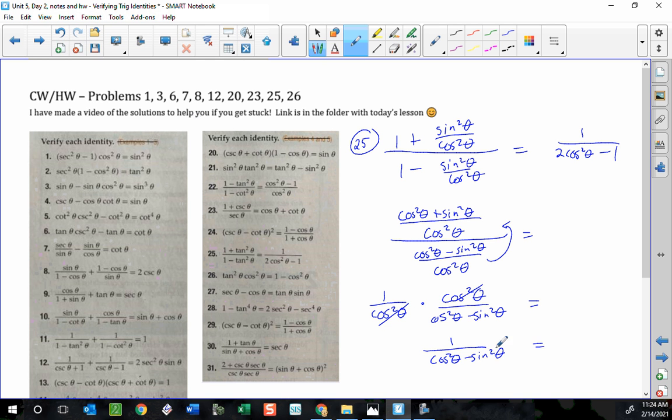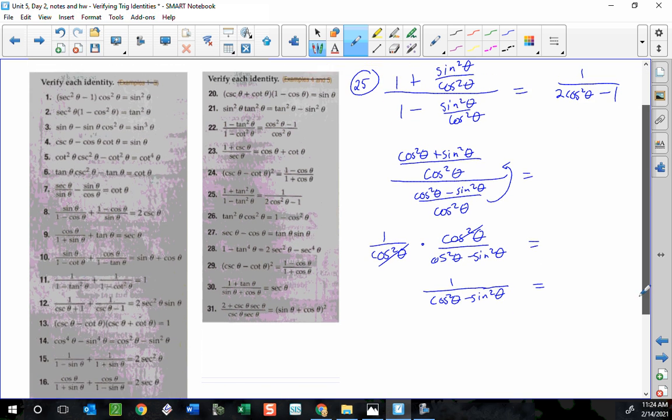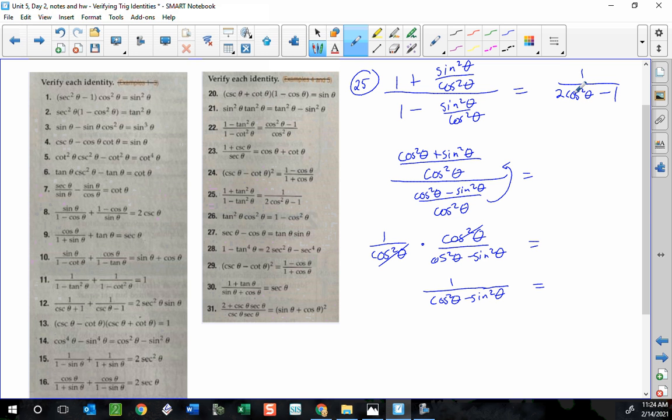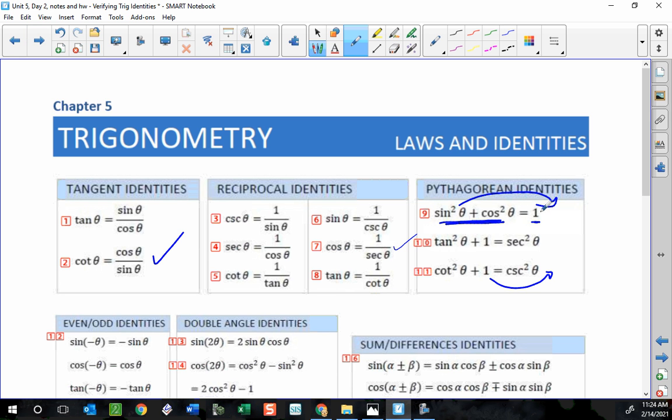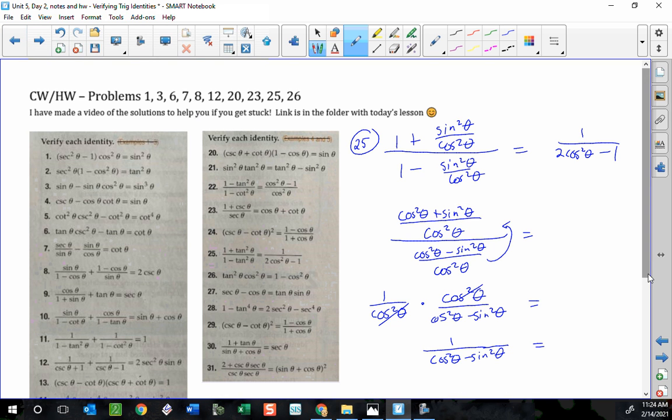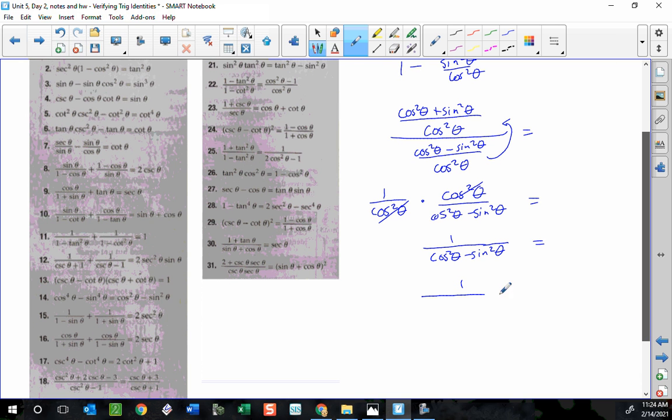All right, so let's see. This guy has all cosines, so I'm going to change this sine squared. Remember, sine squared can be changed to 1 minus cosine squared. So let's do that. So I have 1 over cosine squared minus sine squared can be changed to 1 minus cosine squared.